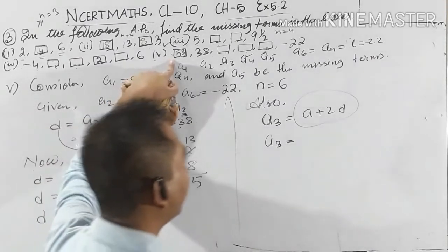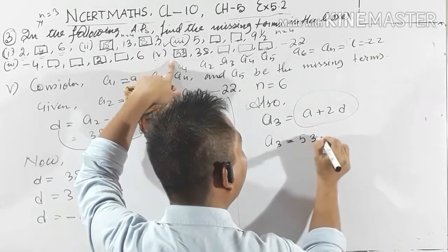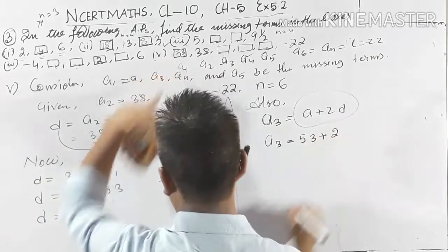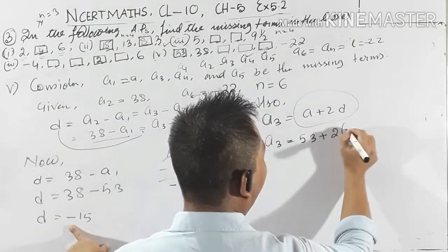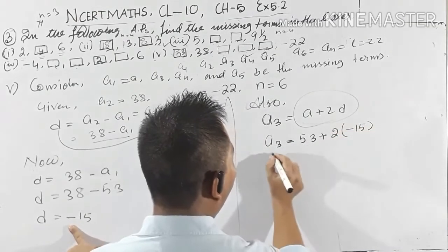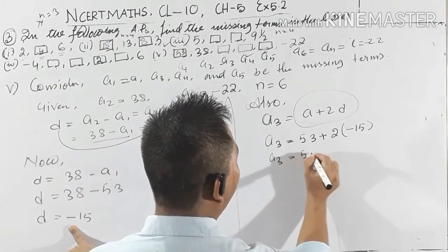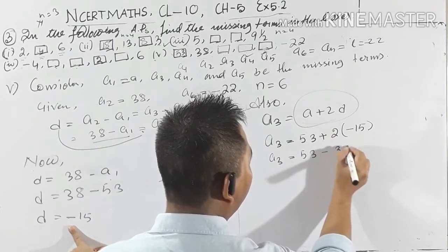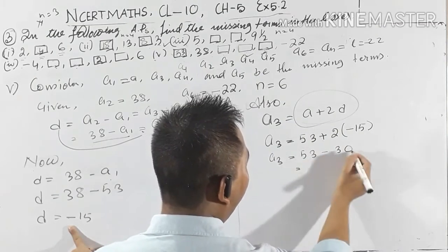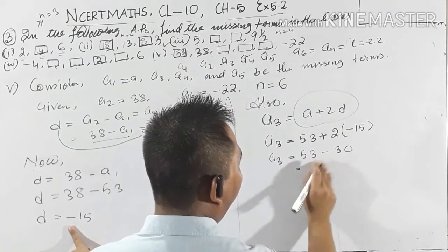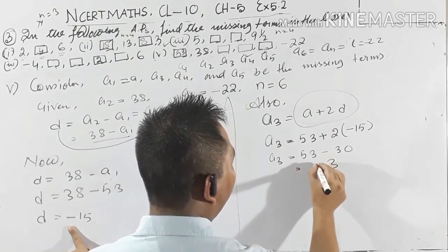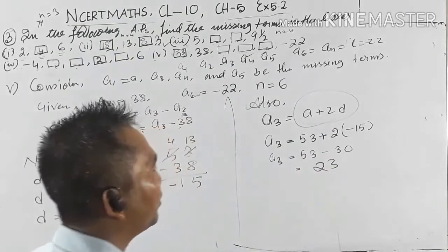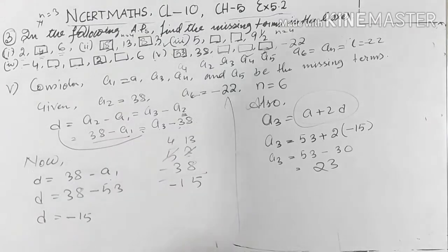Okay, that is 53, correct. 53 plus 2 times d, d is minus 15. So a3 equals 53 plus 2 times minus 15, that is minus 30. So 53 minus 30 is 23. What is our third term? That is 23.